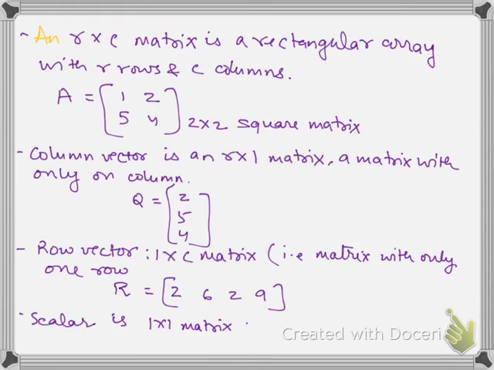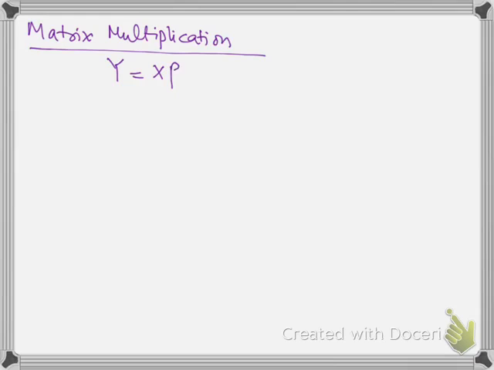So now let's see how matrix multiplication works. Recall that we have y equal to X beta plus epsilon. It's an example of matrix multiplication. Now there are some restrictions. You can't just multiply any two old matrices together.